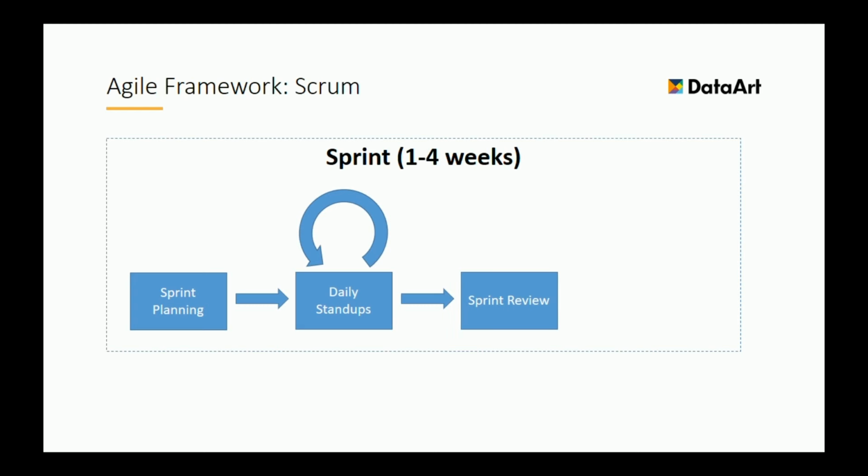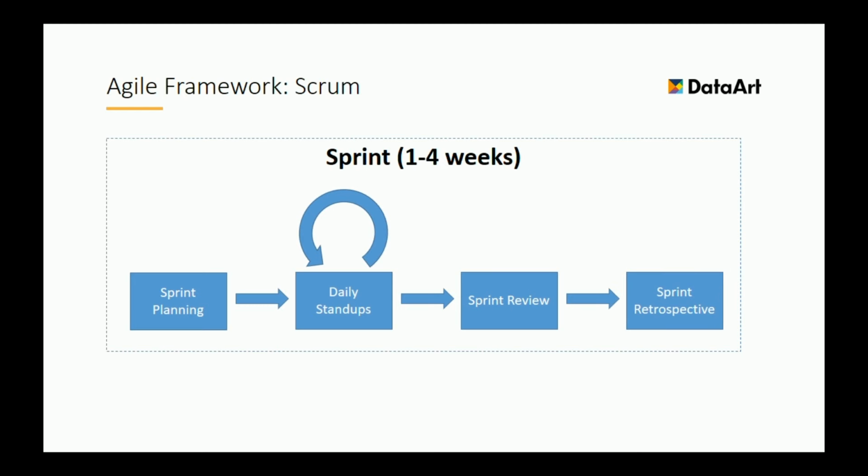Then at the end of the sprint, on the very last day of a sprint, we do a sprint review where we look at what we have done. We show the output to the stakeholders, and then decisions on the further plans are made.